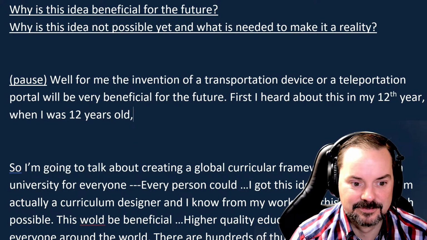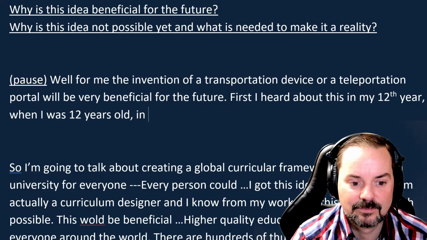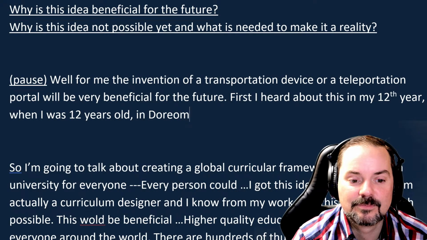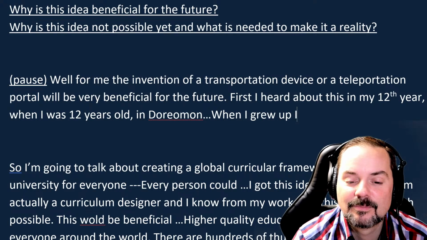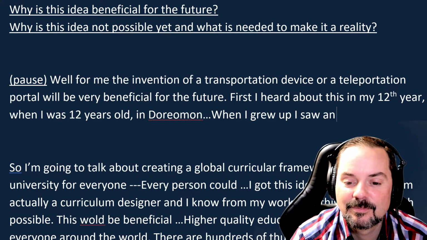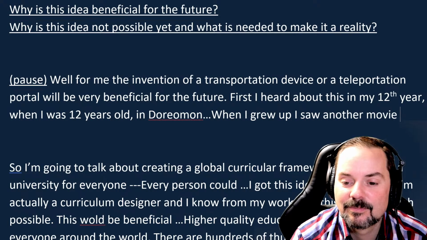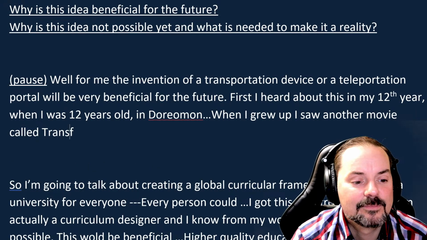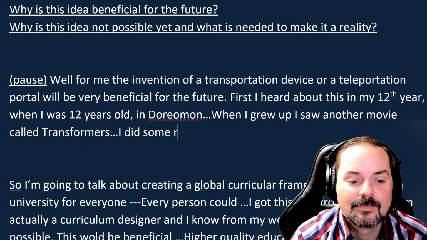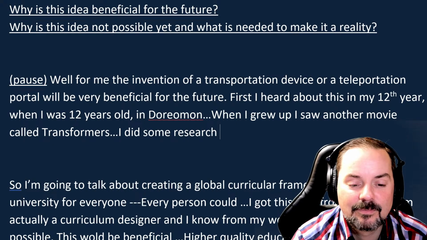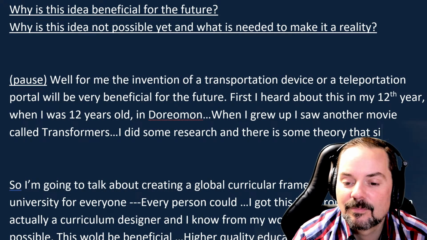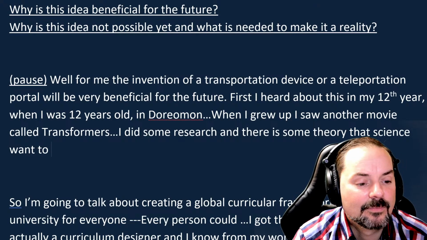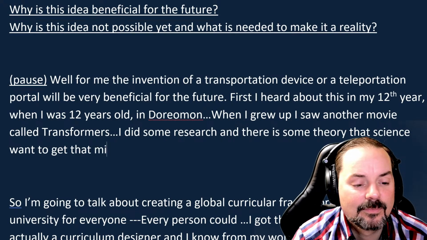But when I grew up, I saw it again in Transformers, the robots show, and that time it made me a little bit curious, and I did some research, and I came to know that there is some kind of theory that our science really wants to reach that milestone by inventing a device called a teleportation device or teleportation portal.